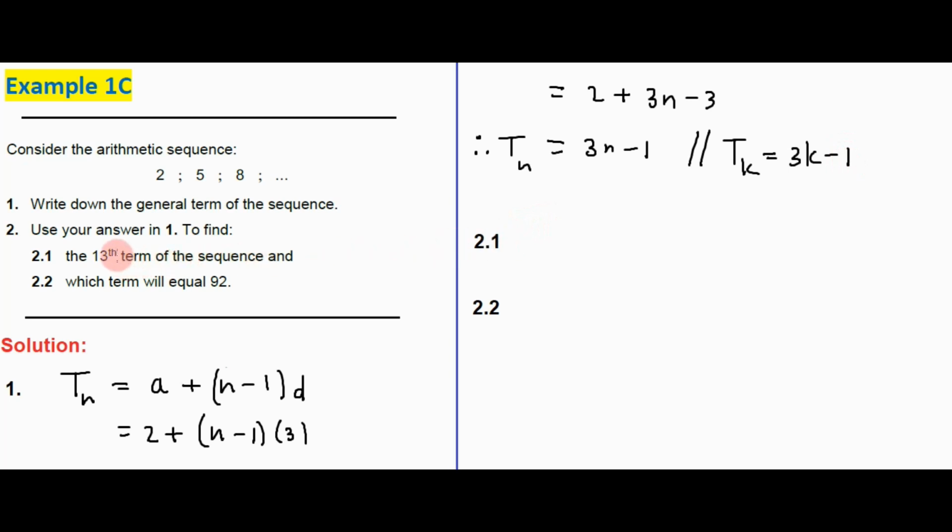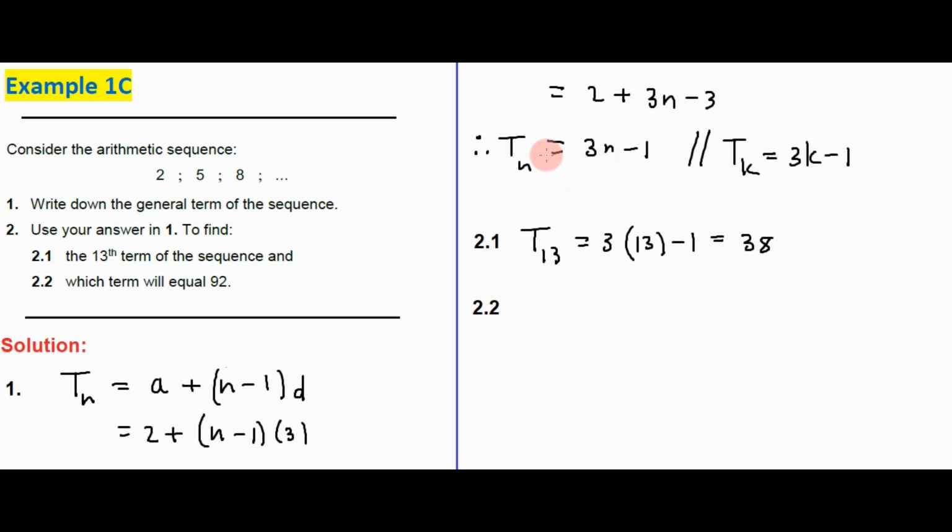In 2.1, we have to use the answer in number 1 to find the value of the 13th term. And this is quite easy now that we have the general term. All we do is to replace n with 13. So it's 3 times 13 less 1, and this is equal to 38. In 2.2, we have to use the answer from number 1 to find out which term equals 92.